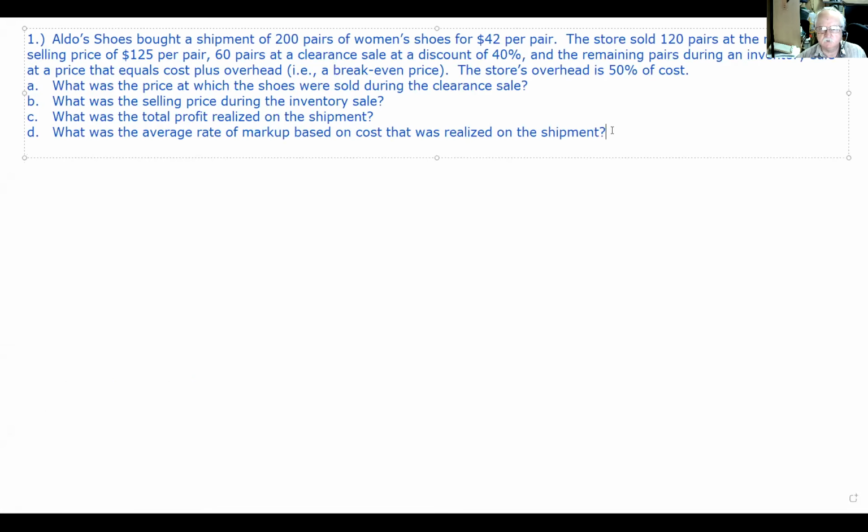Okay, let's take a look at what they've done to us here. Aldo's Shoes bought a shipment of 200 pairs of women's shoes for $42 a pair.